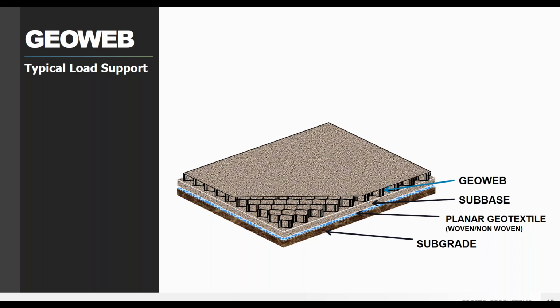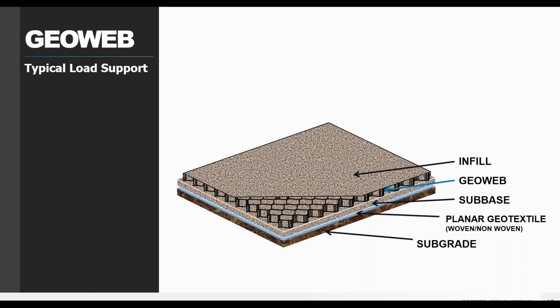Then you'll lay down the GeoWeb material, put in the desired infill material. So again, that's going to be stone, it could be sand, salvaged material, whatever you choose. And then typically you're going to put a little bit of a wear surface over this. So basically you're going to overfill the GeoWeb panels so that you don't see the plastic material. That's going to be a wear surface or maybe a leveling course.